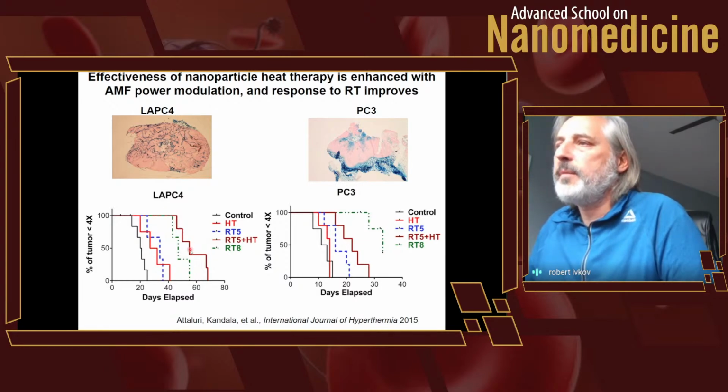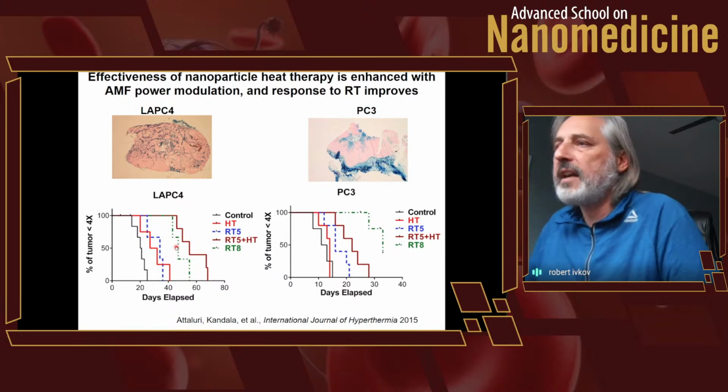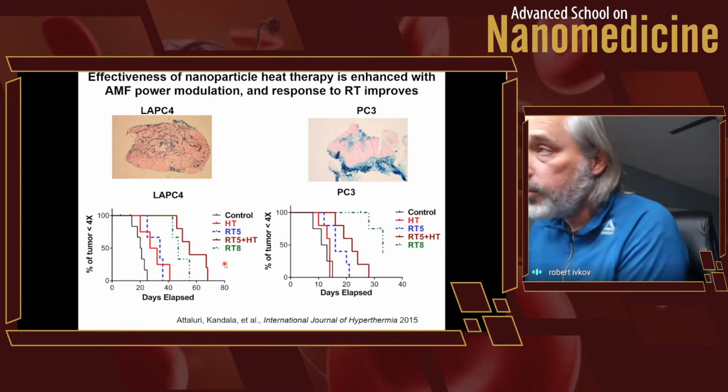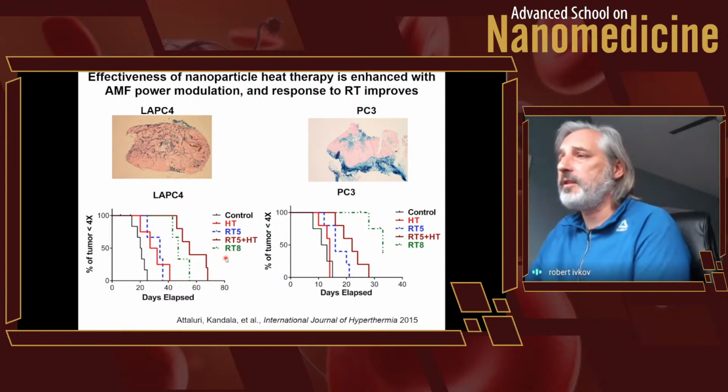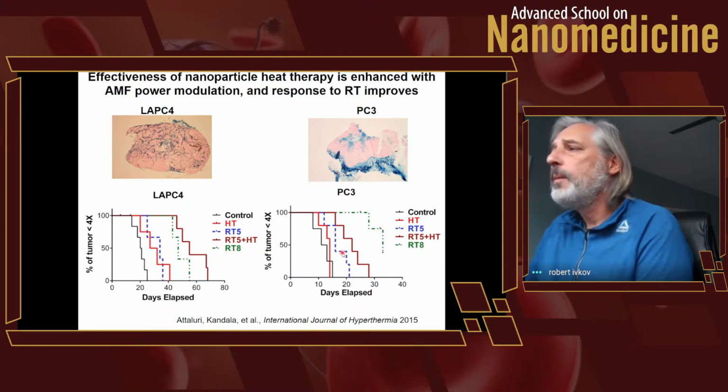And then in the case of the LAPC4, we combine the MHT with the 5 gray of radiation, in which you see there's a significant improvement in the response. In fact, it's even better than a single fraction of higher dose radiation of 8 gray. The 5 means 5 gray, 8 means 8 gray.